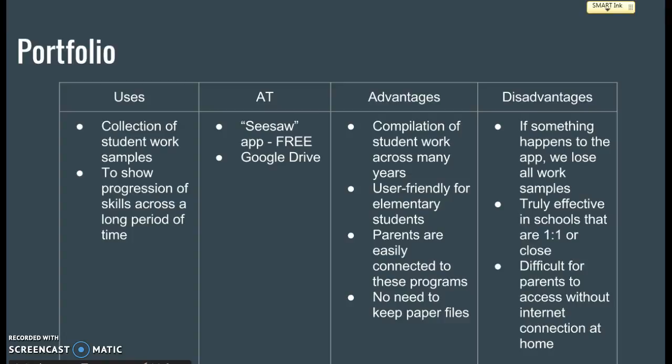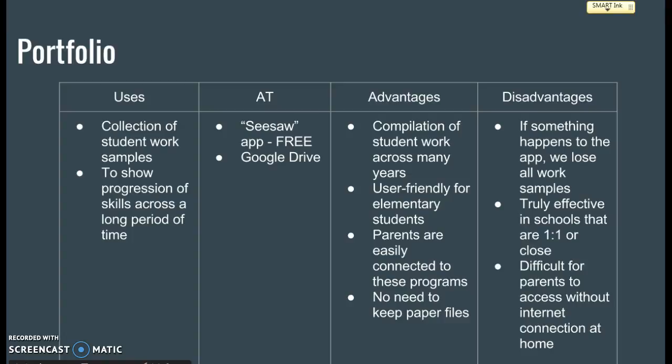Some of the advantages of these apps might be that students can keep their work over many years. Oftentimes, after first grade, I send their portfolio home, and they aren't able to keep it over multiple years. Also, it's very user-friendly for elementary students, which is always important for us to consider when we are looking at different assistive technology.